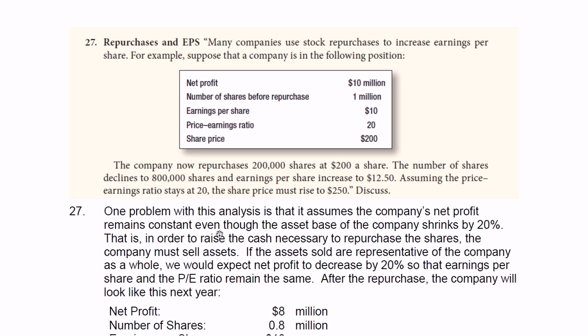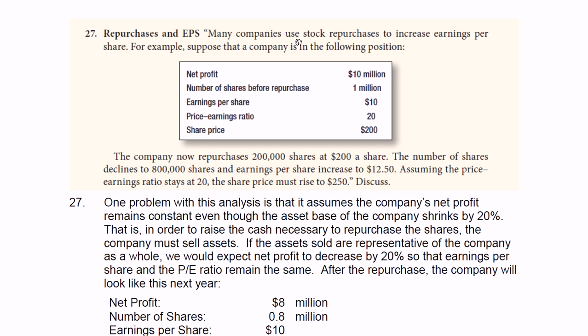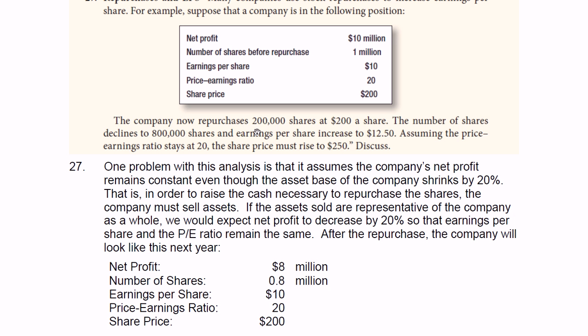27. Repurchases and earnings per share. Many companies use stock repurchases to increase earnings per share. If they have the following position, the company now repurchases 200,000 shares at $200 a share.